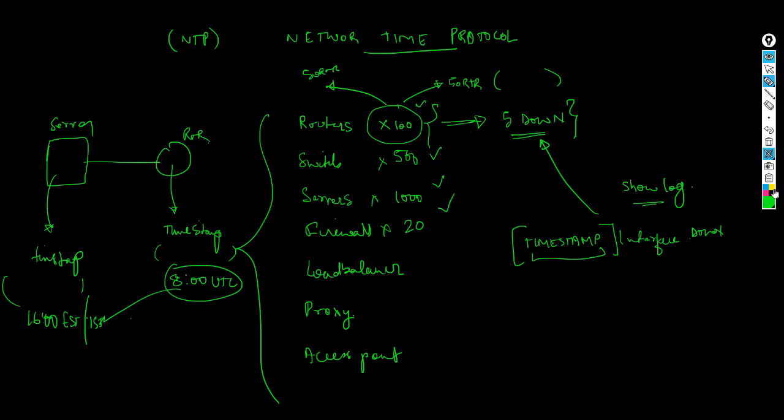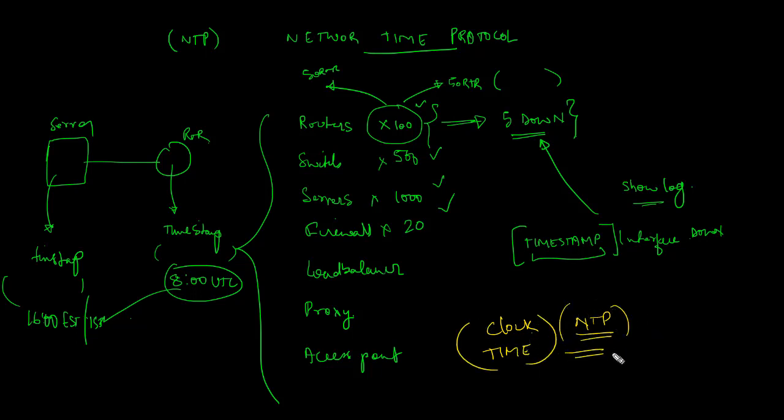So what we prefer is having a unique clock, a unique time, throughout your enterprise. Which protocol will help me? It's your NTP protocol. So how does this work? Should I configure this on every device?